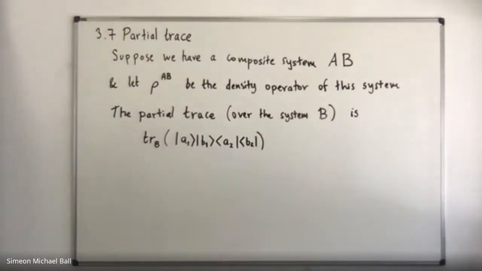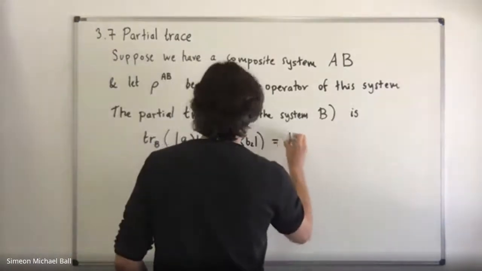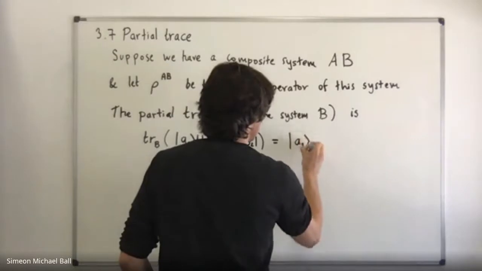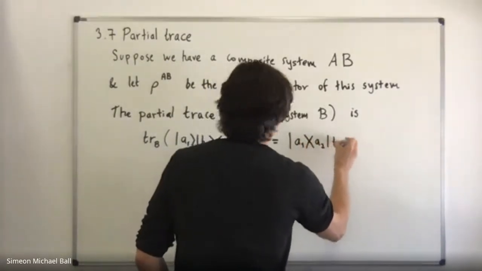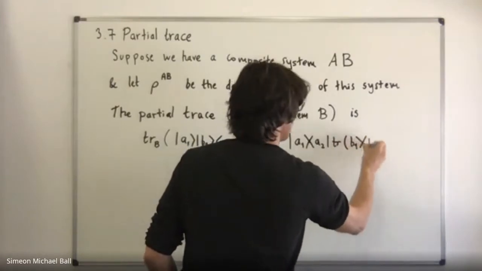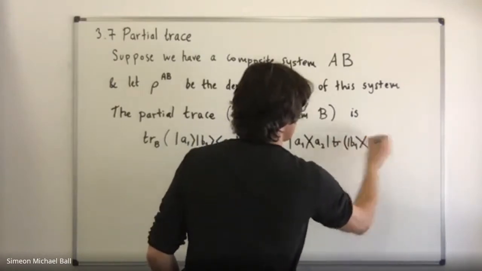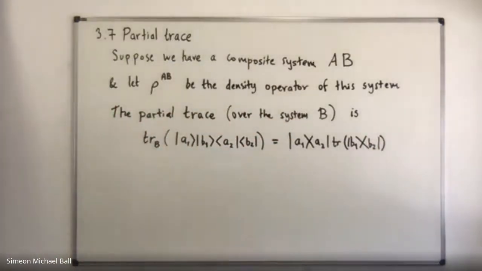And the trace over B is simply you ignore the A's and you trace the B's. So you just do a normal trace over the B system.